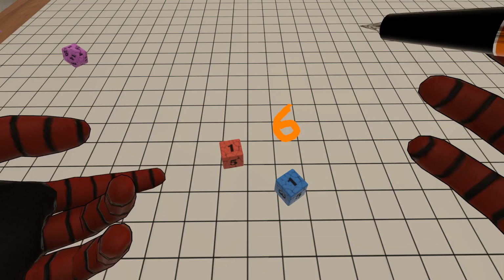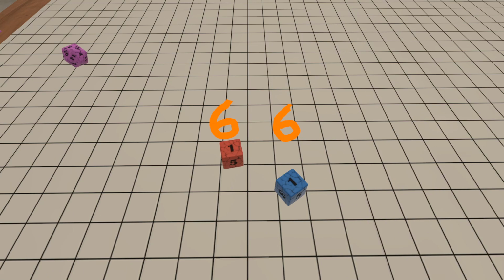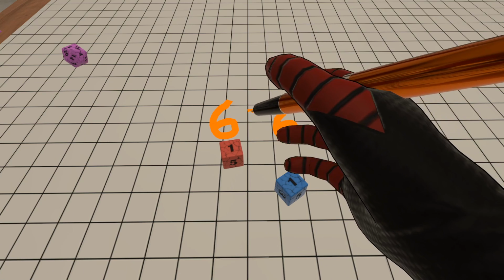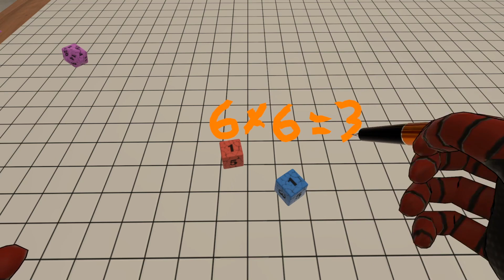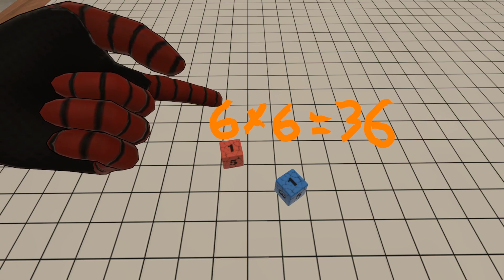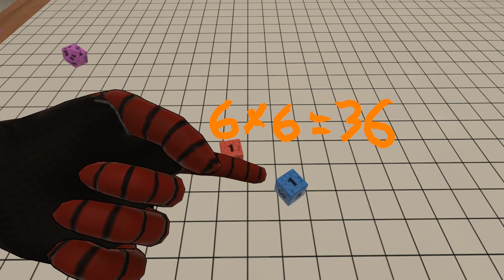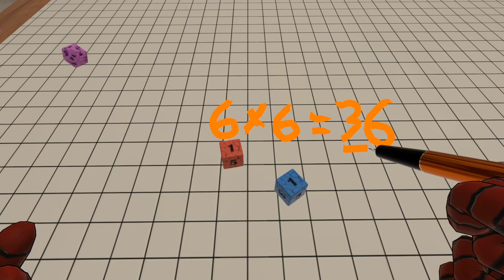This red dice also has a total of 6 outcomes. So when we roll the two together, there's actually going to be a total of 36 outcomes because we can just multiply the outcomes of each individual event and find the total.